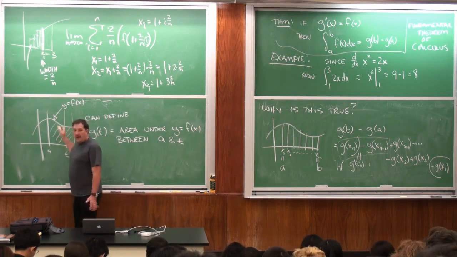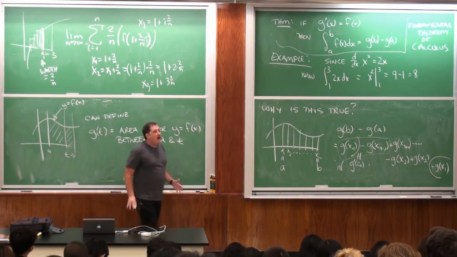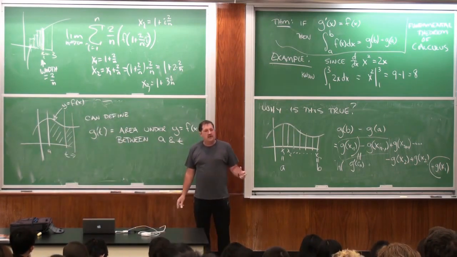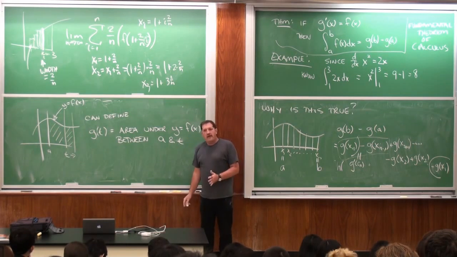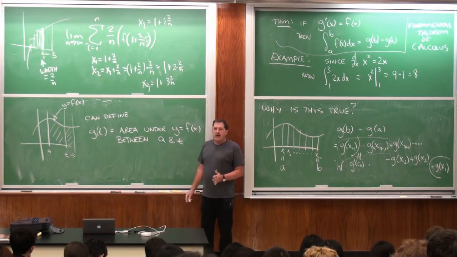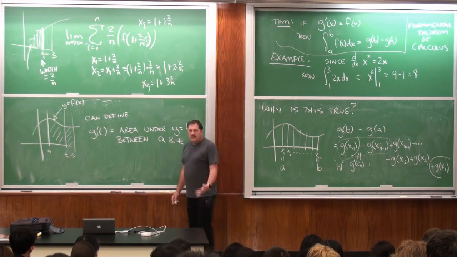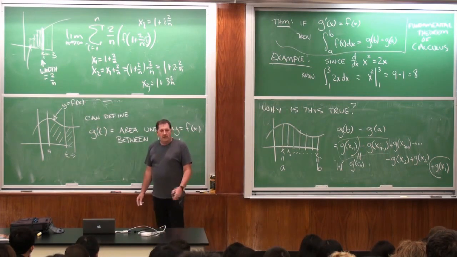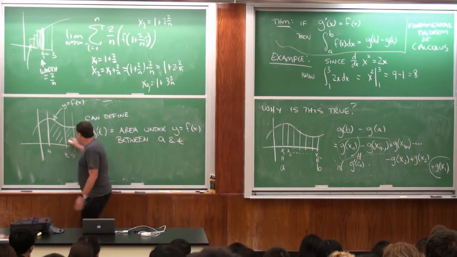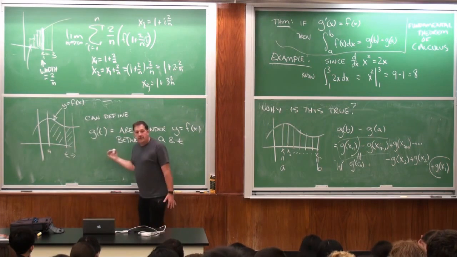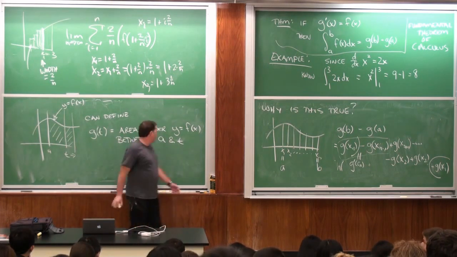If I drive my car at 60 miles an hour for 1 hour, I know the position is 60 miles away. If I drive my car at 60 miles an hour for 1 hour and 10 minutes, it's 66 miles away, and so on. The same business here. Defining a new function as the integral of the old one.